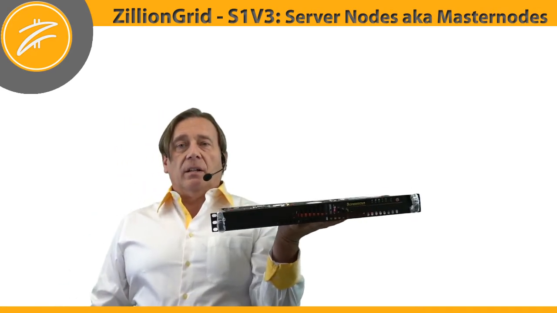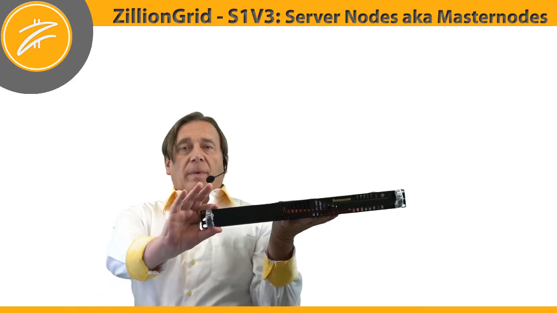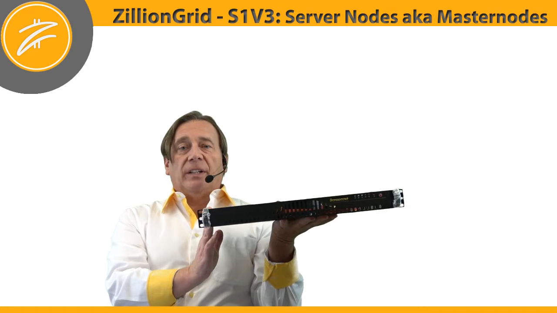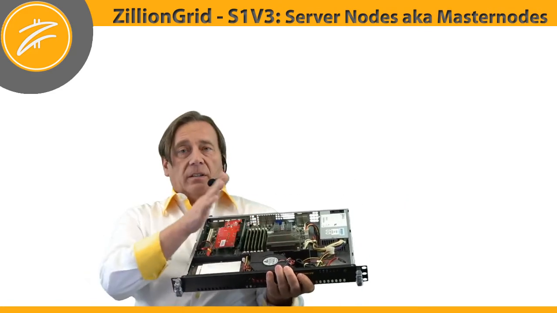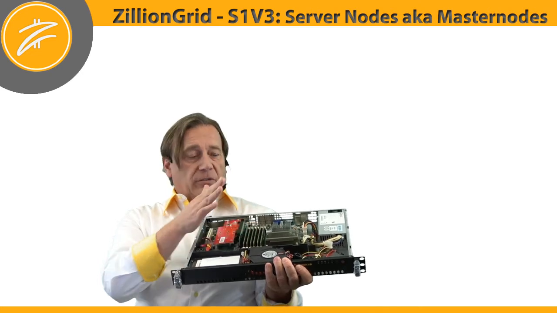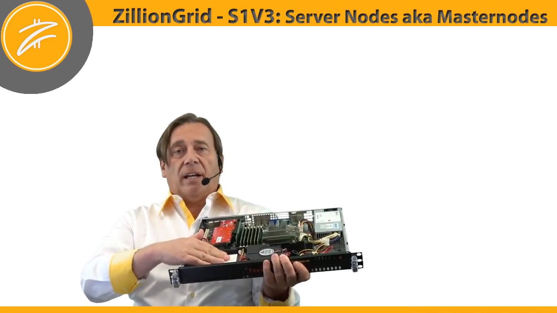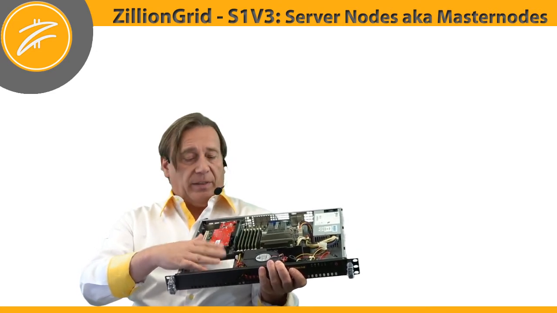Same Class C blockchain full node. This is a 1U format, rack mounted. You can still use it at home, but you can also put it in a data center. In here, the Xeon processor, up to 24 gigs of RAM, which is good enough. 1, 2, 4, 8, 10 terabyte hard drive, depending on what you want to configure it with.